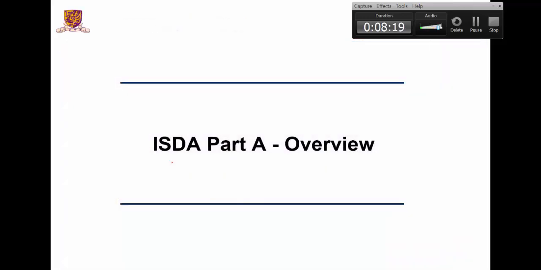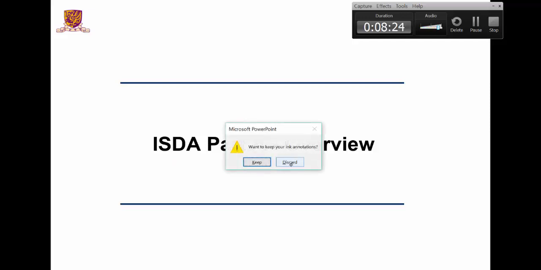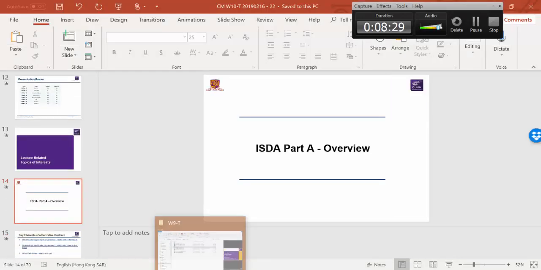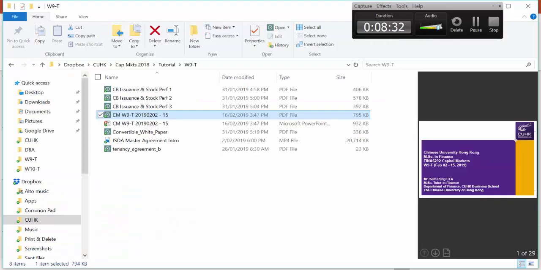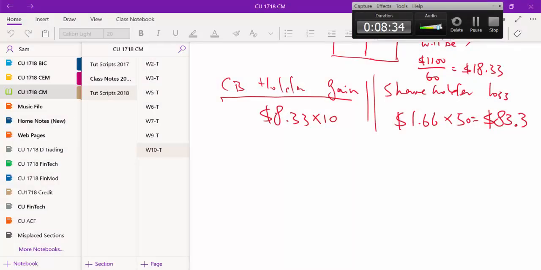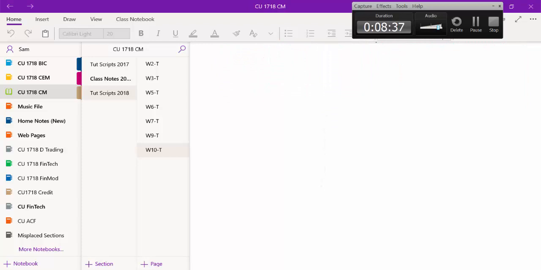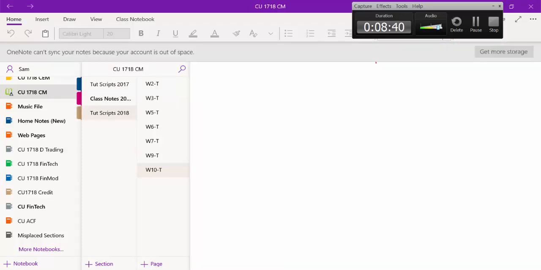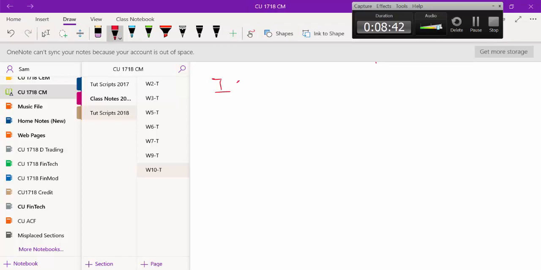Now, let me just pick up from where we left off, because it's been a couple of weeks, so I'll refresh your memory with an overview of ISDA and what it's really for. You can ask yourself a question: bankers are, in the end, very simple people.